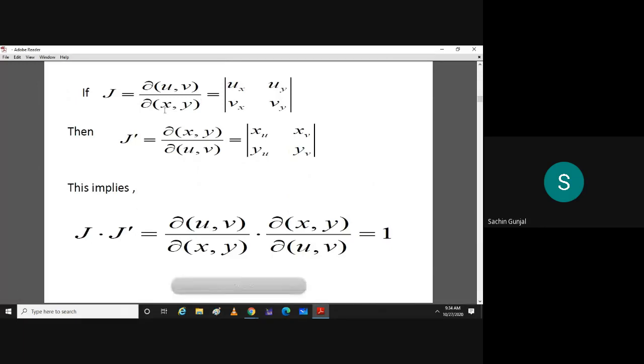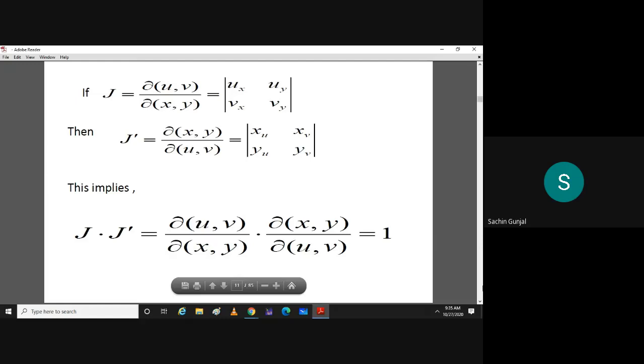If one Jacobian is difficult to calculate, then using this relation you can calculate it from the easiest one. So J into J dash is equal to 1, where J is the Jacobian of uv with respect to xy and J dash is the Jacobian of xy with respect to uv.